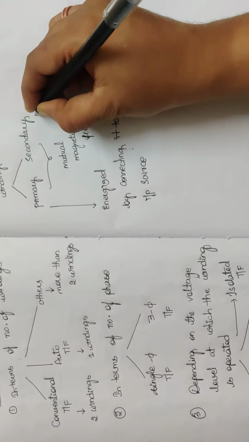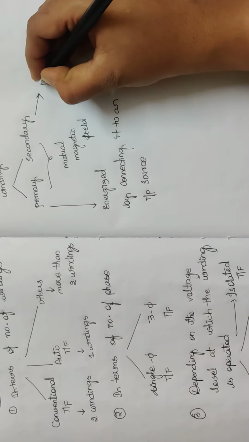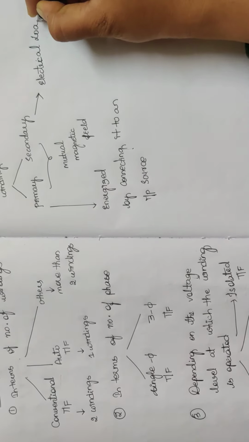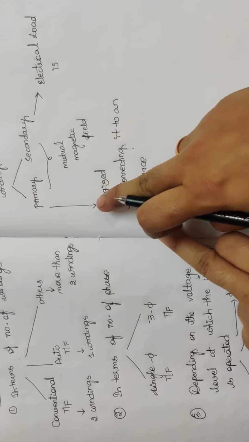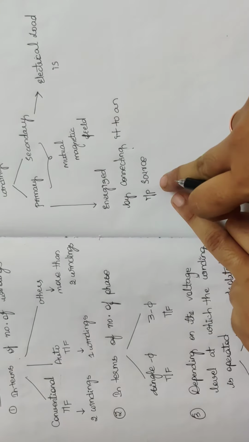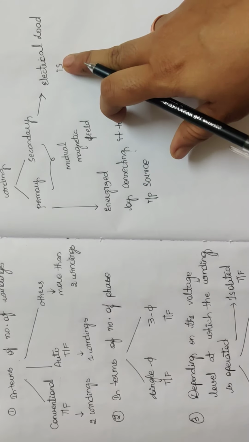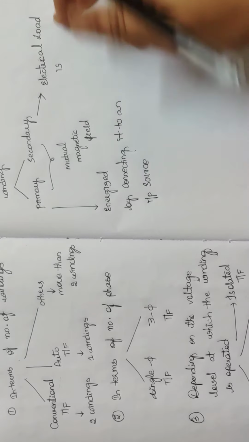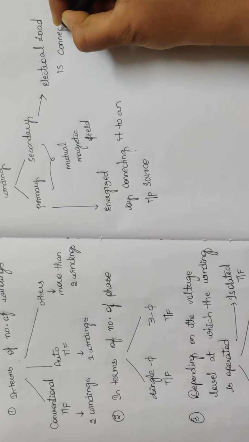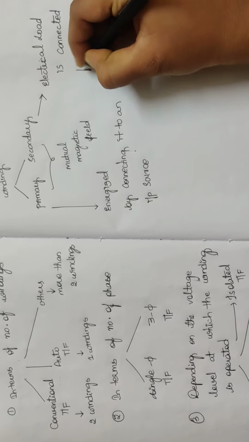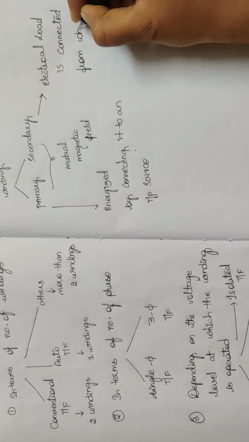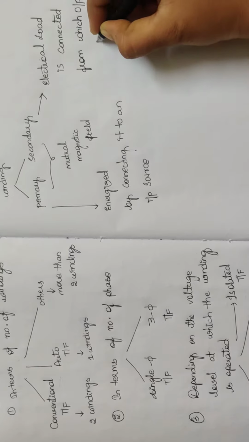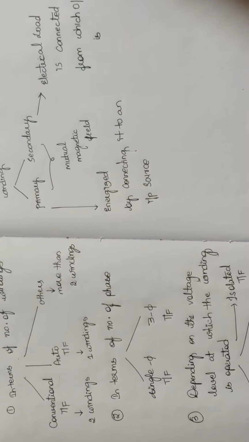Now similarly, the secondary winding is a winding to which an electrical load is connected. So for the primary winding we need to connect an input source, and for the secondary winding, the winding to which an electrical load is connected, output energy is drawn.